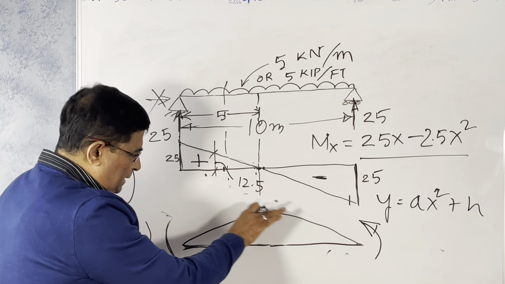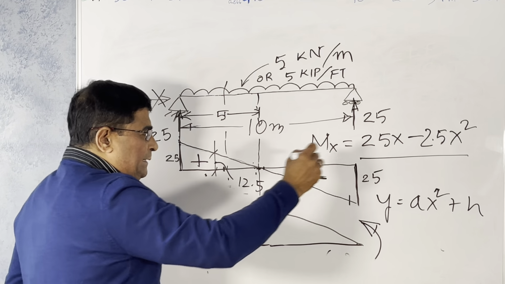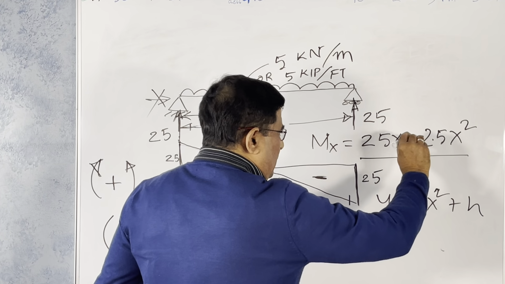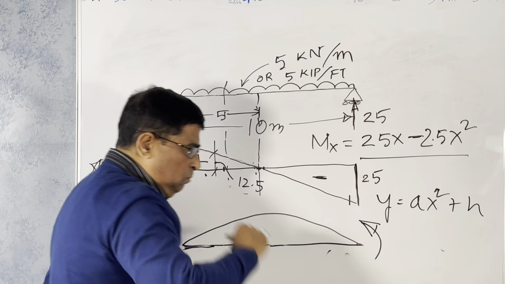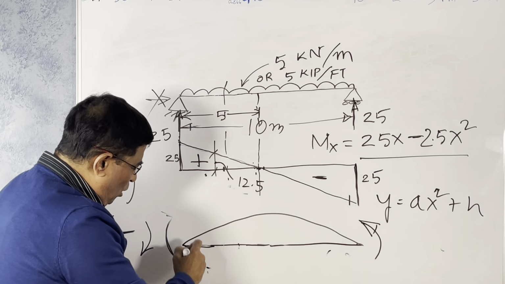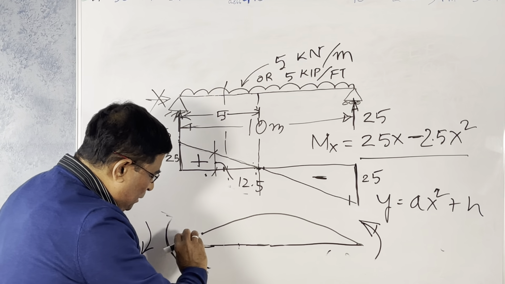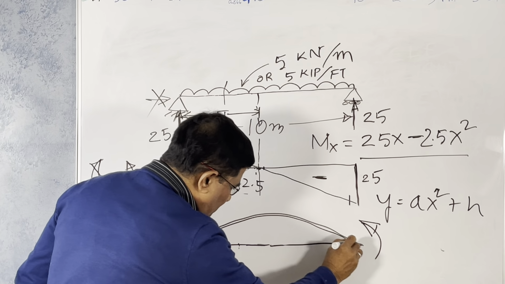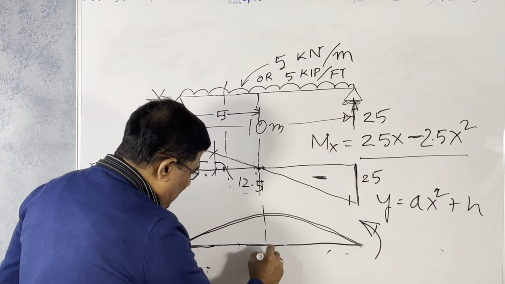Why is it like this? The x square term has a negative sign, right? Whatever moment is caused by the reaction, it is reducing gradually, so it is taking a shape like that. Maximum will be at the middle.